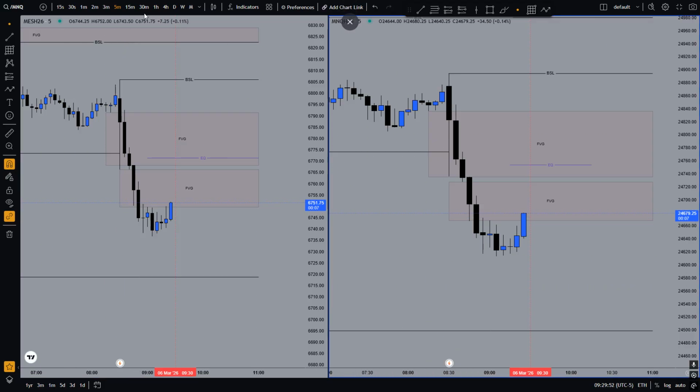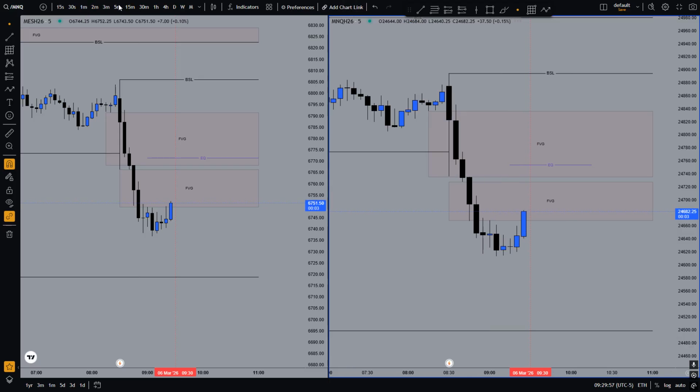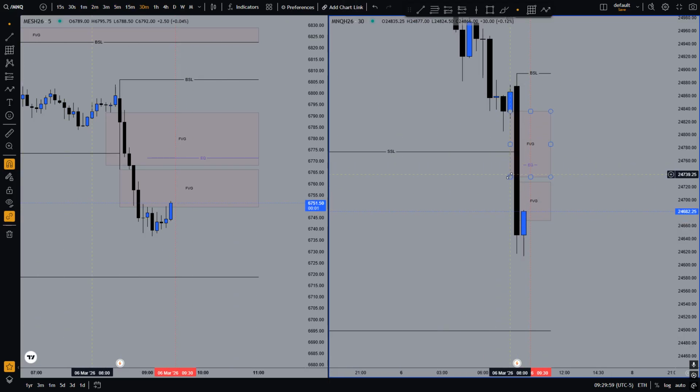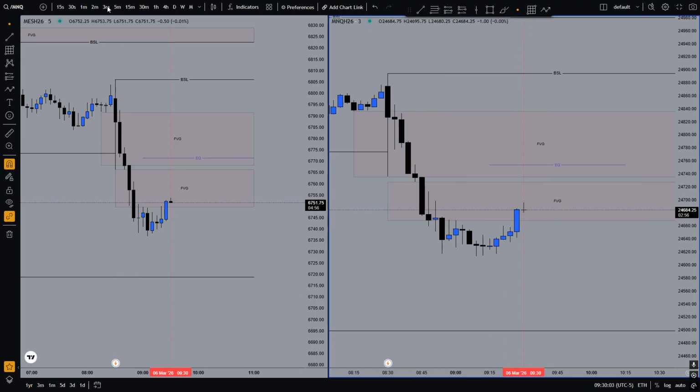Getting higher into this gap. Gonna open this big 30-minute here too. So market opens, see what we do.